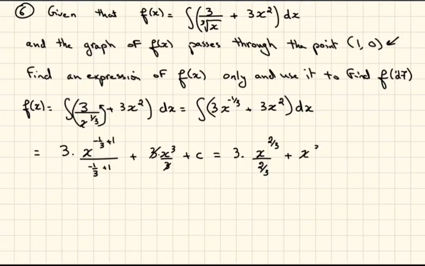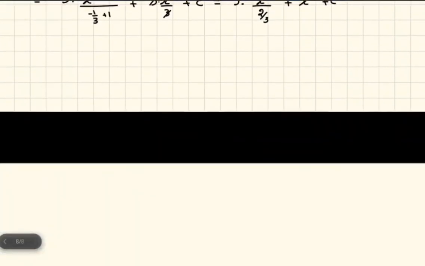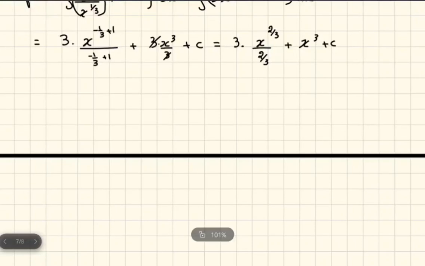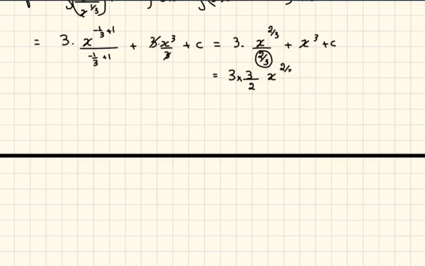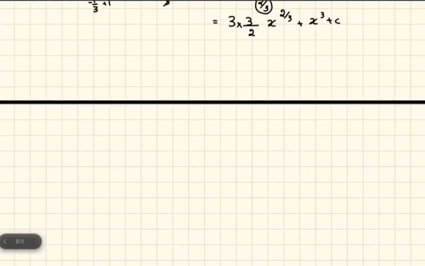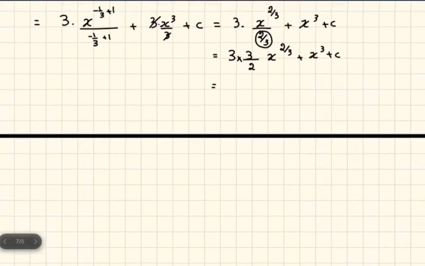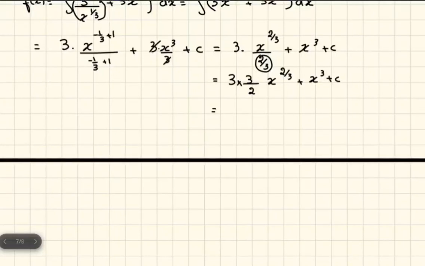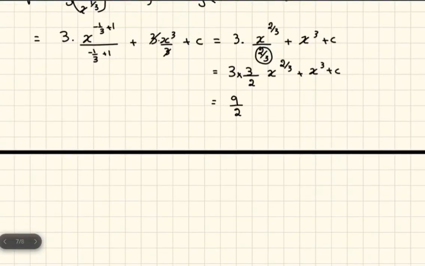We get x cubed plus c. Now, as I said, the fraction down should flip and we write it up. And we can notice that 3 times 3 is 9 over 2, x exponent 2 over 3, plus x cubed plus c. So this is basically f of x or y.